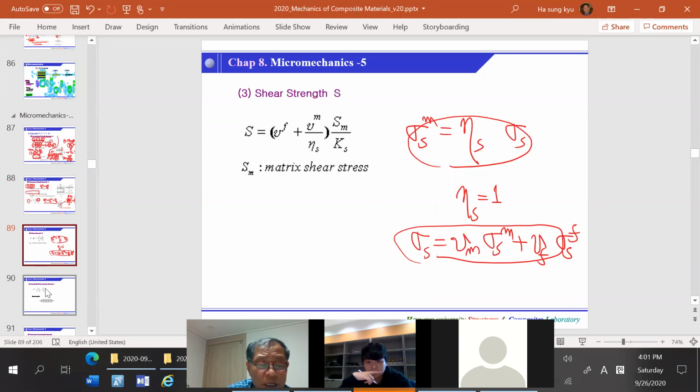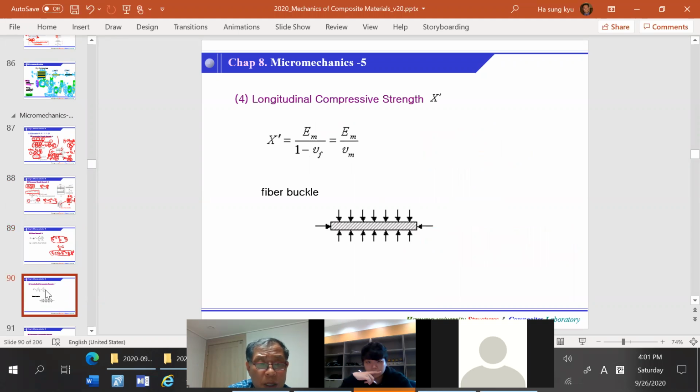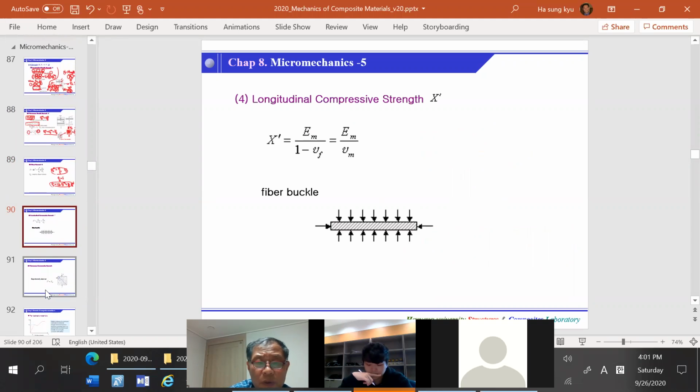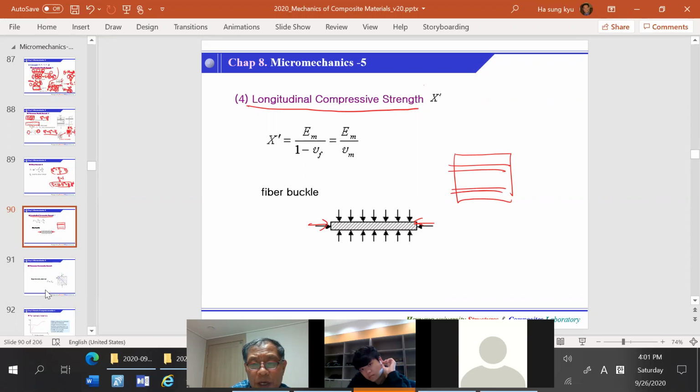We will get back to this equation, but since we don't have much time, we just go through the result. Another important point is the longitudinal compression strength. When the composite is subject to a compressive load, sigma x compressive, the fiber will easily fail, not by material failure, but mostly related to fiber buckling or kinking.